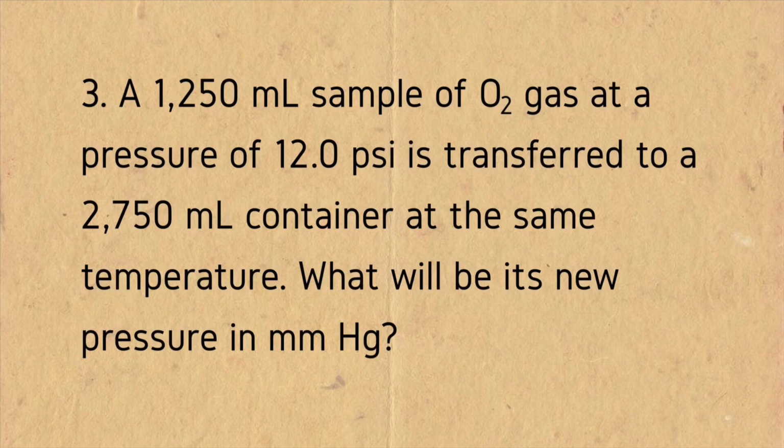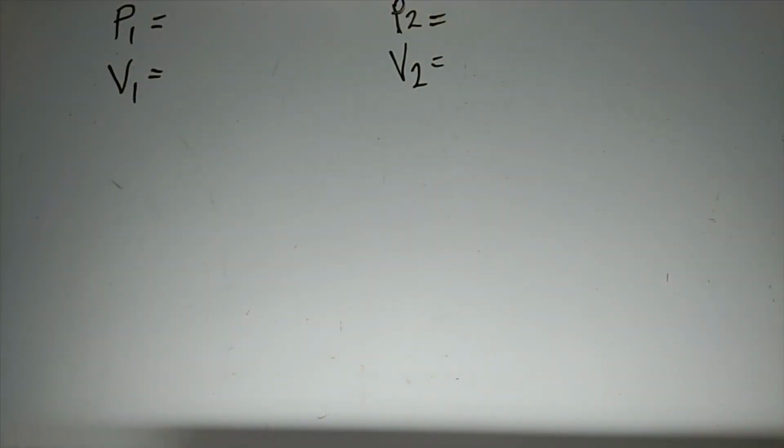Let's try problem number 3. A 1,250 milliliter sample of oxygen gas at a pressure of 12.0 pounds per square inch is transferred to a 2,750 milliliter container at the same temperature. What will be its new pressure in millimeter of mercury? To solve the problem, we are going to write all the information given by the problem.